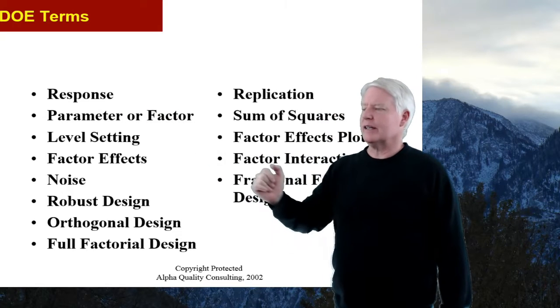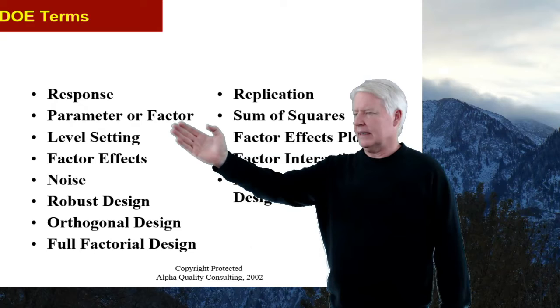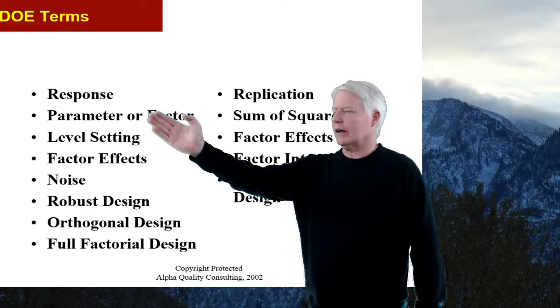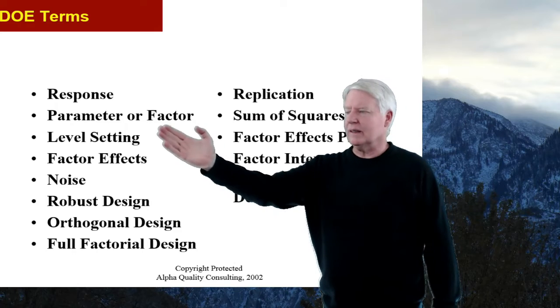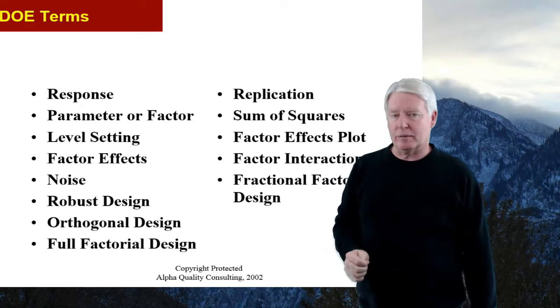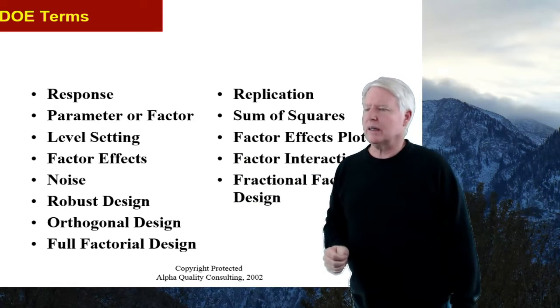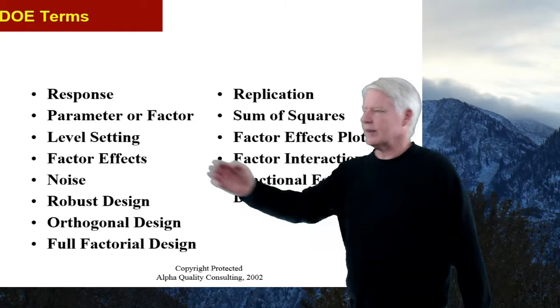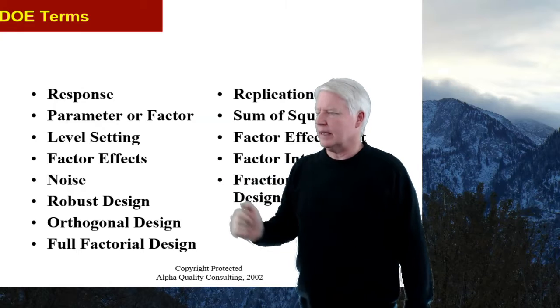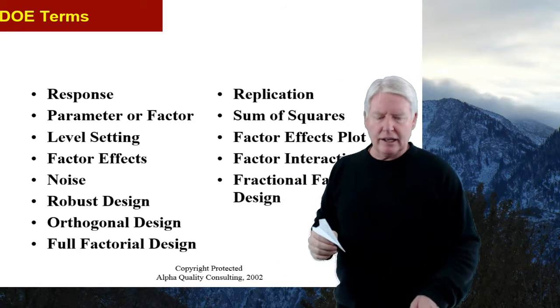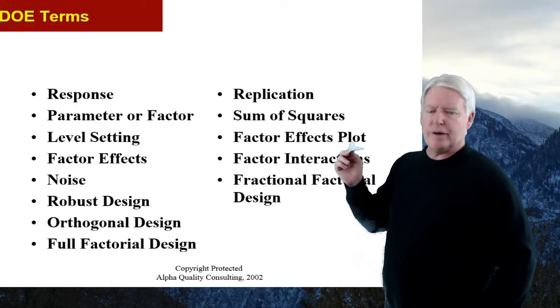Parameter or factor. Factors are variables that you feel are going to have an impact on the response variable. Well, what are those called? Those are called independent variables, per our discussion on linear regression. So there's our dependent variable Y, and our X variable, the independent variable. And for our little experiment, I'm going to pick two variables.